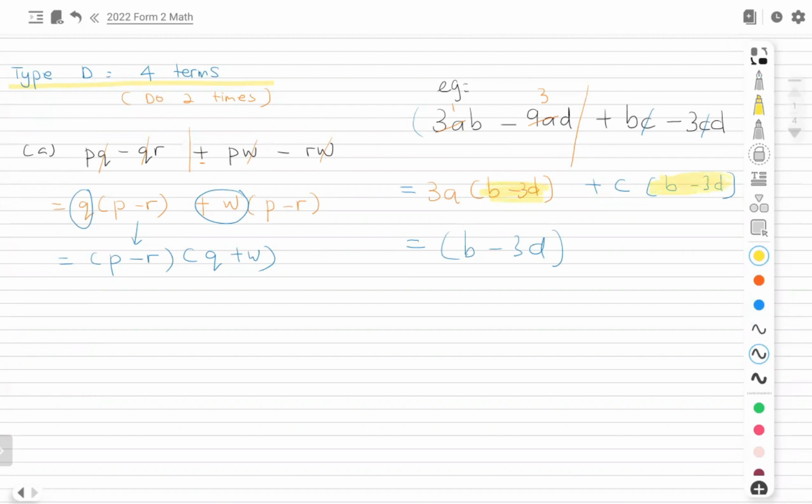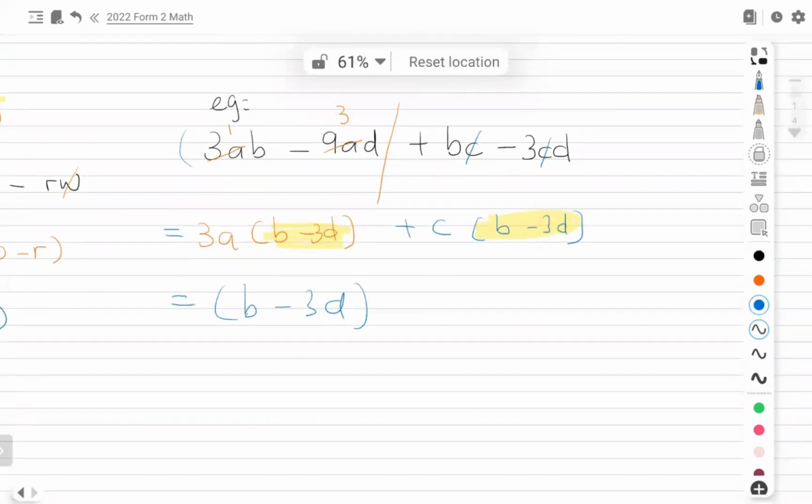Then the second bracket will be, what's the balance there? 3A plus C, yeah? Including the 3, yeah? Not only A plus C, yeah? Including the 3, right? Make it bigger. Including a 3, so it will be 3a plus c.